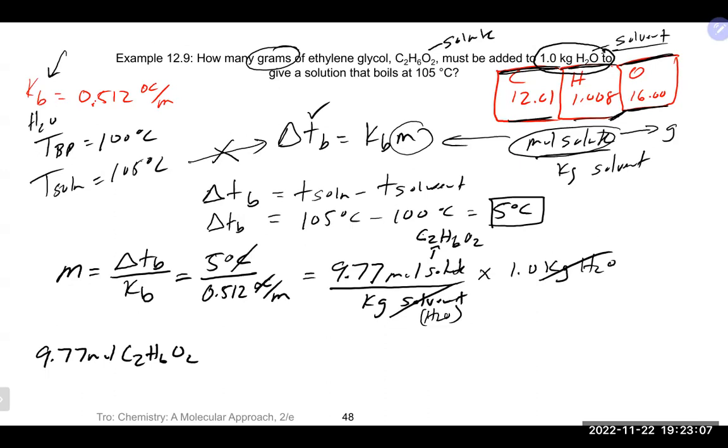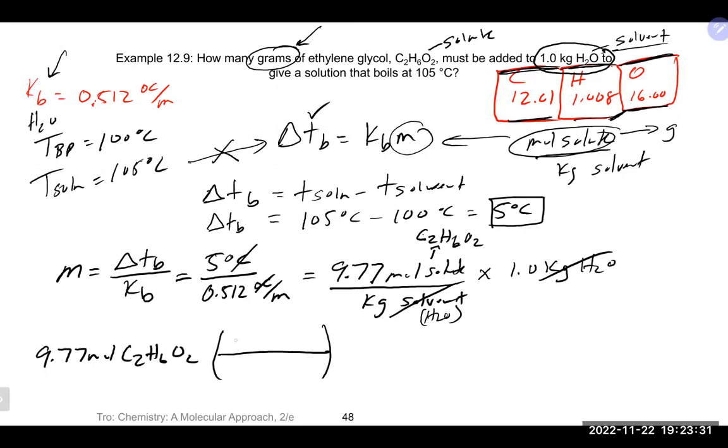Now we are very much close to what we need, which is how many grams of that. So the last thing that we would need to do is a little molar mass action here. So that's going to be 2 times 12.01 plus we got there 6 hydrogens times 1.008. And lastly, a couple of oxygens at 16.